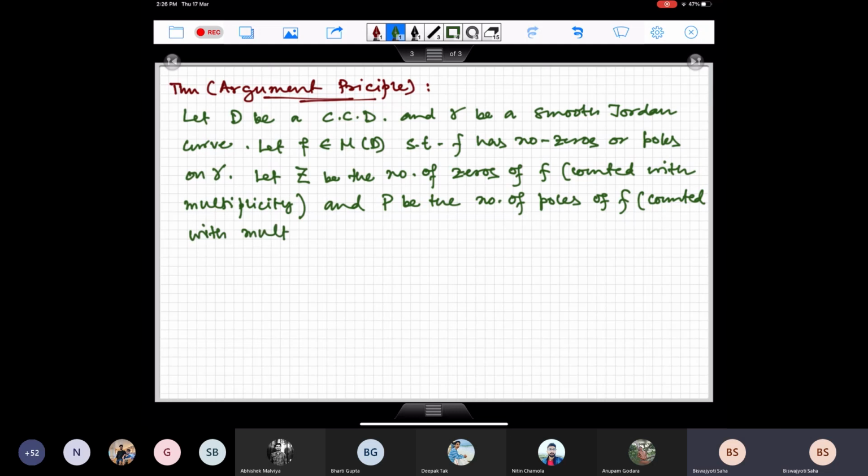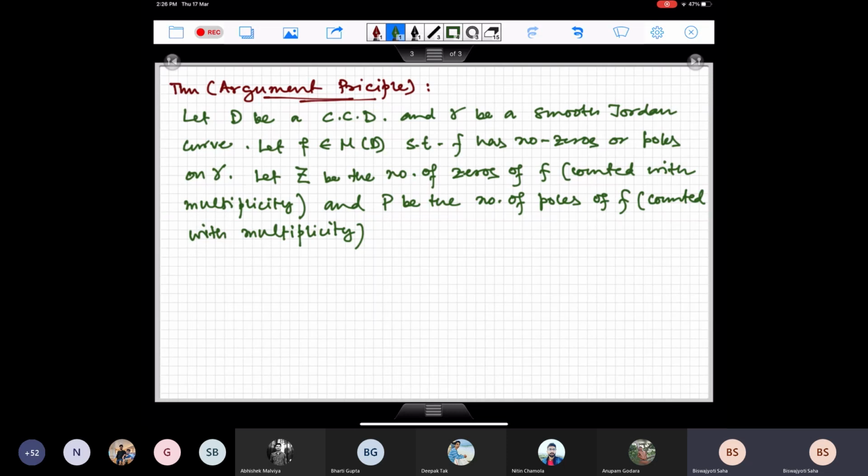That means, suppose I have a pole of order 5, I'm going to count it 5 times. Okay, so I'll say that there are 5 poles. Similarly, if I have only one zero with order 7, I will say that I have 7 zeros, like that.